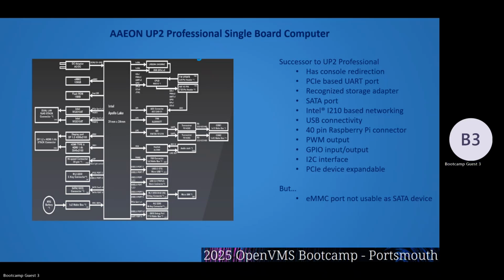PWM, GPIO, the I2C interface is really neat because there's a lot of stuff you can connect to an I2C. It's PCI expandable. They took two of the PCIe interfaces, brought them out to the Intel chip, and connected to the RS-232, to the RJ45 connectors.